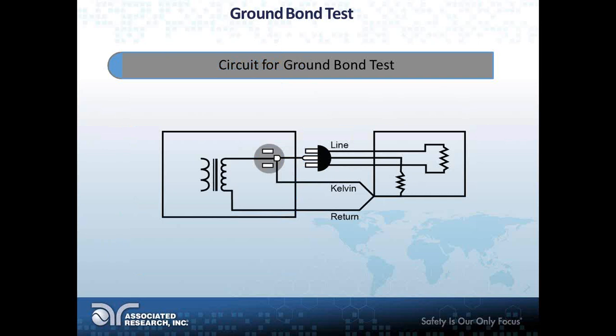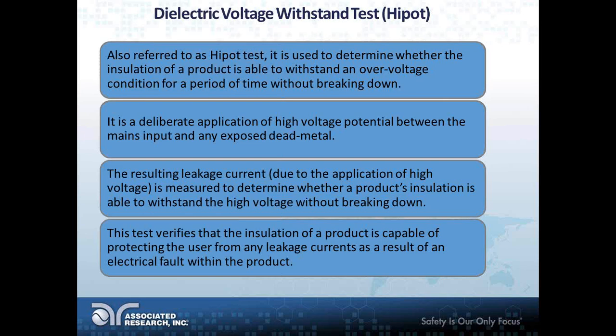That gives us a reading usually in milliohms. And again, a low reading for the ground circuit is a good thing, and that would tell us that our ground connection is good enough to handle any fault currents, and it's low enough resistance.